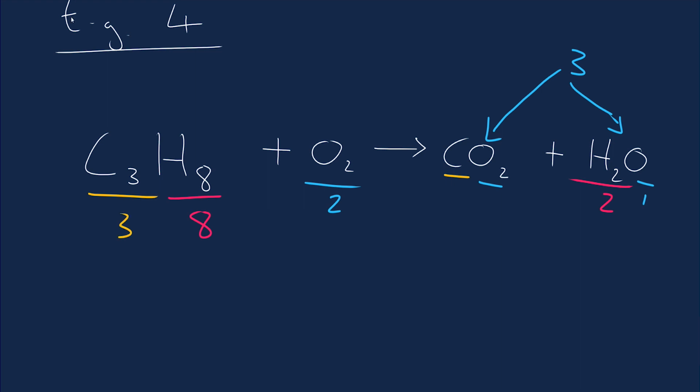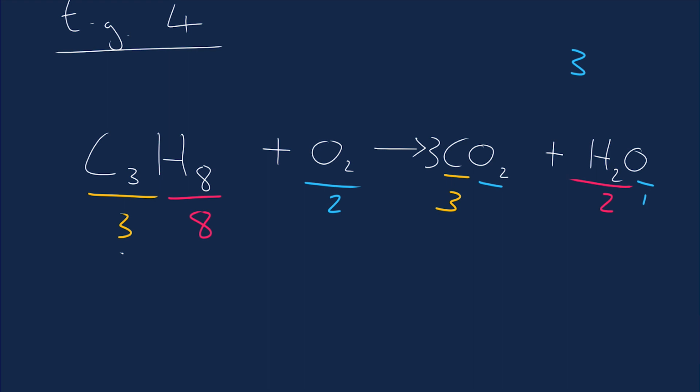Okay, so how are we going to balance out the carbon dioxide? Well, we have 3 carbon over here and we have 1 over here. So let's put a 3 in front of carbon dioxide, and now we have 3 carbon. So we have 3 carbons on both sides, okay?